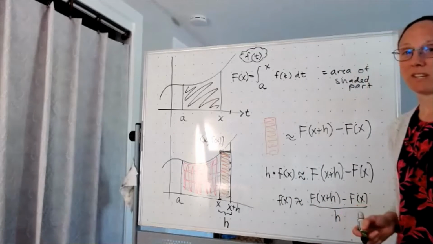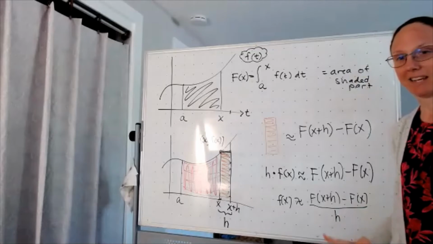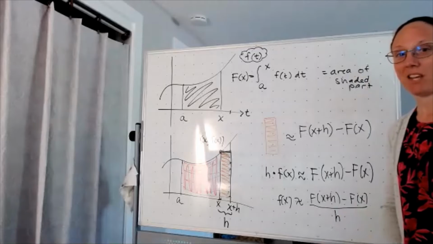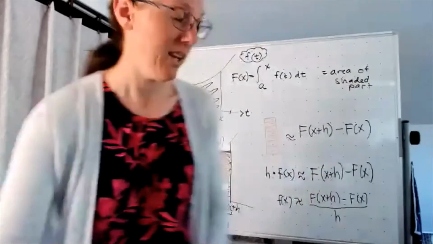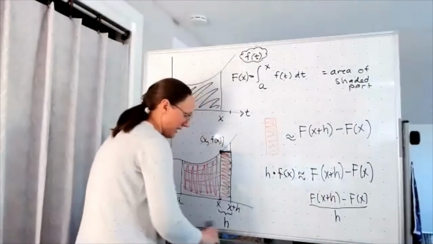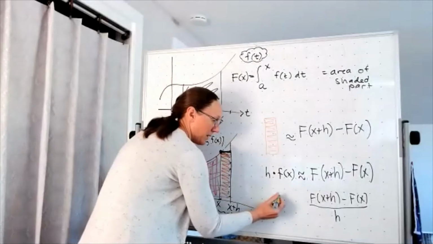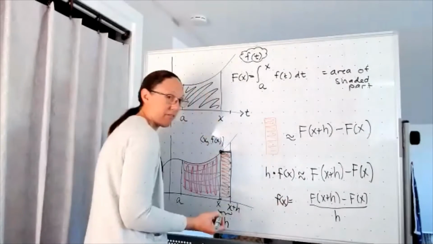And then do the thing that we did a lot of in 17a, which is take the limit as h approaches 0. And if we take the limit as h approaches 0, this will actually become f of x.